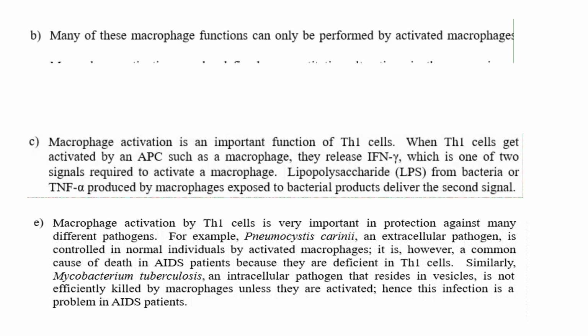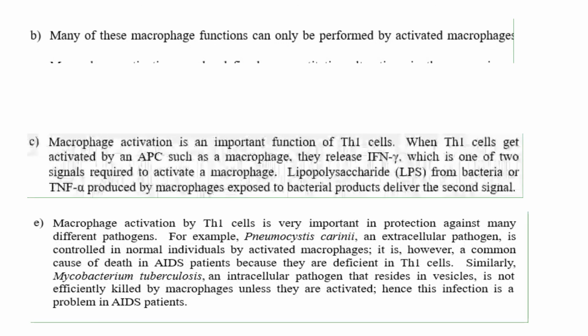Second, nitric oxide and other reactive nitrogen intermediates. The third is the reactive oxygen intermediates, and the fourth, cationic proteins and hydrolytic enzymes. And all these products mediate killing by the macrophages.